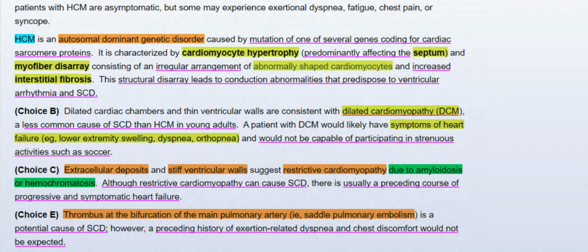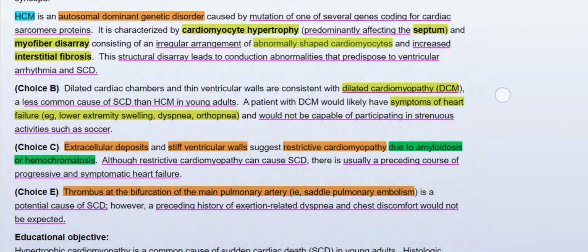Why not option B? We talked about this. Dilated cardiomyopathy is the least common cause of sudden cardiac death in young adults, compared with hypertrophic cardiomyopathy. Patients have symptoms of heart failure, for example, lower extremity swelling, dyspnea, or orthopnea, and would not be capable of participating in strenuous activities such as soccer. Why not C?